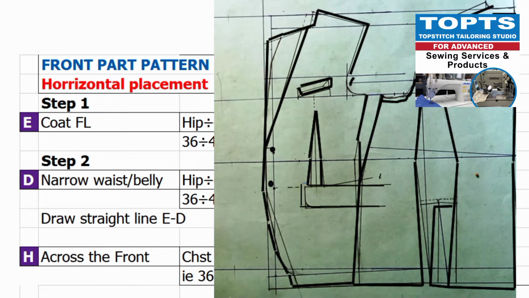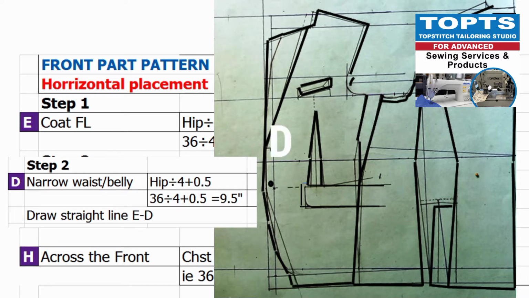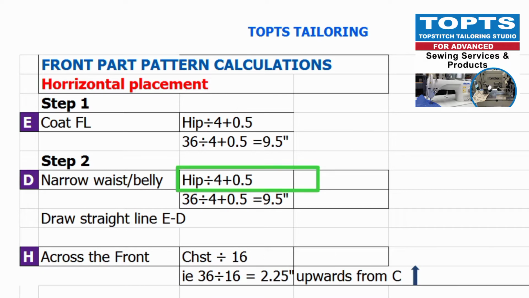Then in line D, that's step number 2, you're going to divide the hip measurements plus 0.5, that is 36 divided by 4 plus 0.5, giving us 9.5 inches.